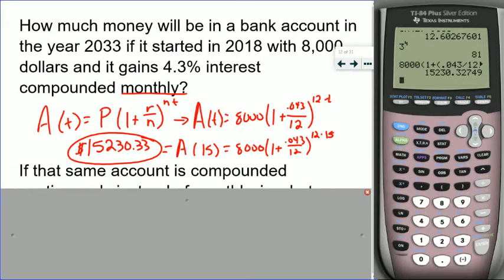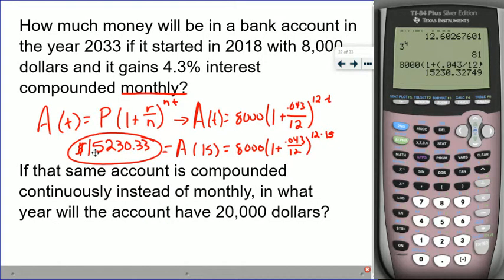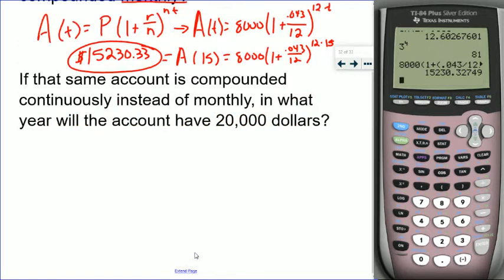So let's say we have an account that's pretty much the same, but instead of compounding it monthly, we're compounding it continuously. In what year will that account have $20,000? Well, we're going to use our A of t equals P times e to the rt power. And with that, we are going to replace all of our variables.